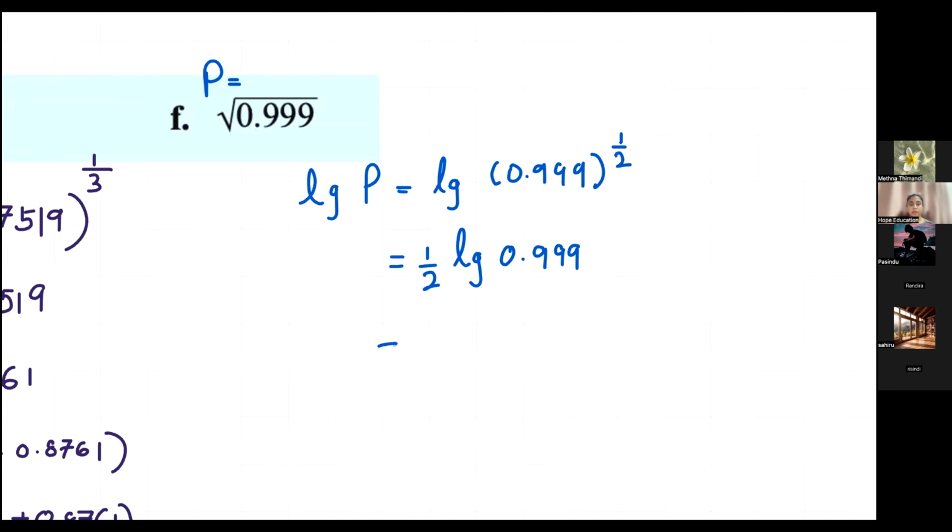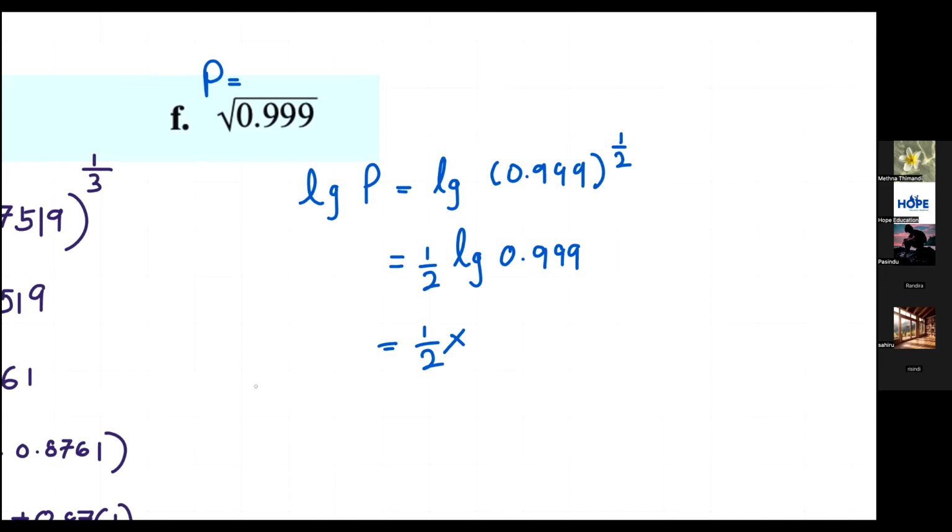Half multiplied by, can you all tell me the logarithm value of 0.999? Quickly tell me the log value. Okay, Metna. Okay, Sahiru.